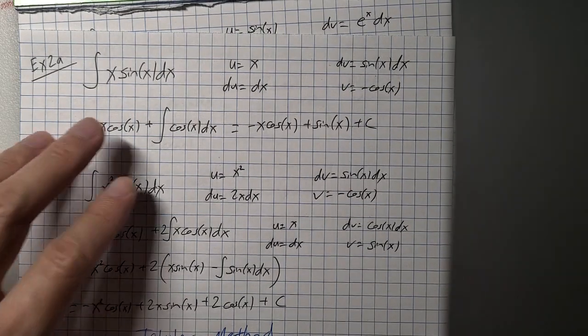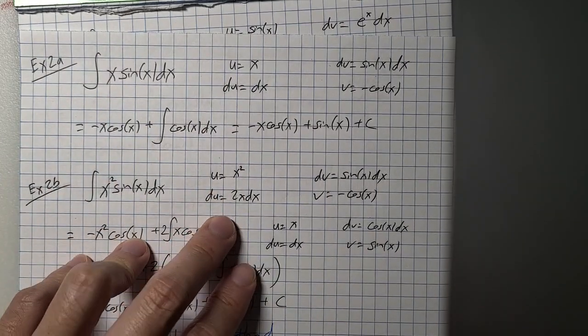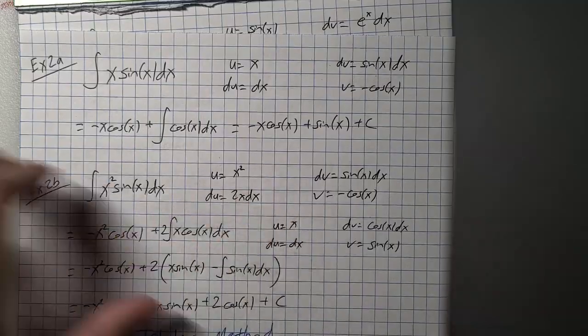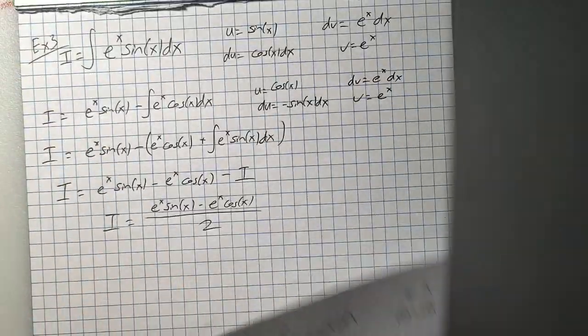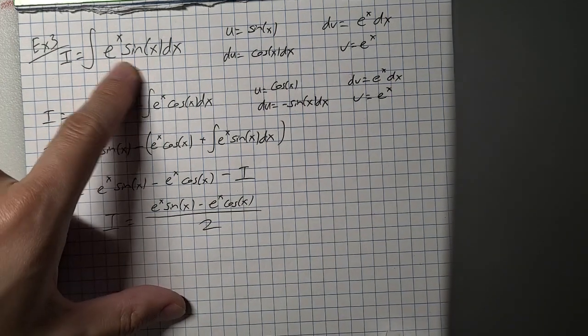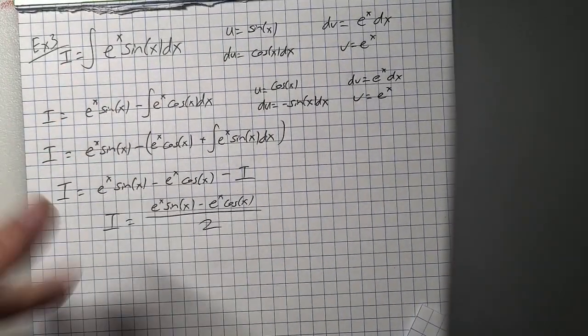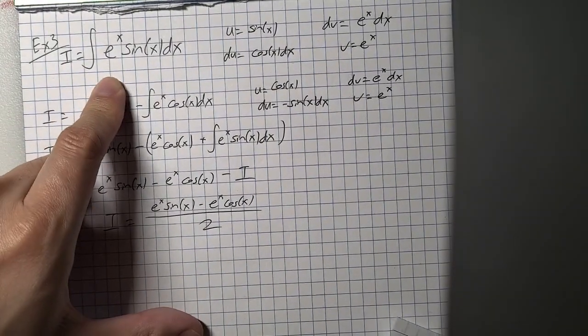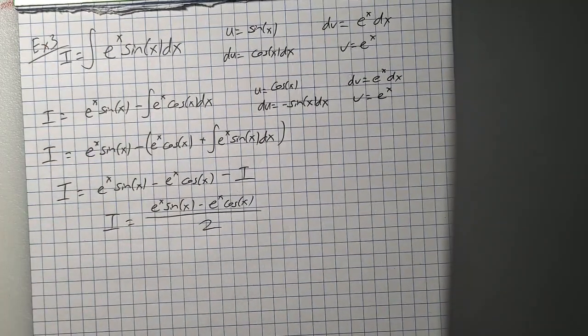We wanted to reduce the power of x, so we set u to be that power of x, and then dv would be that sine, cosine, or exponential. We can use the tabular method when it's useful, and then this is the third type, when you have a product of 2 functions whose derivative is kind of repeating, like e and sine, e and cosine, but there's the special one, secant cubed, you also use this method. Okay, so this is basically how I like to think of these 3 types of problems, okay?